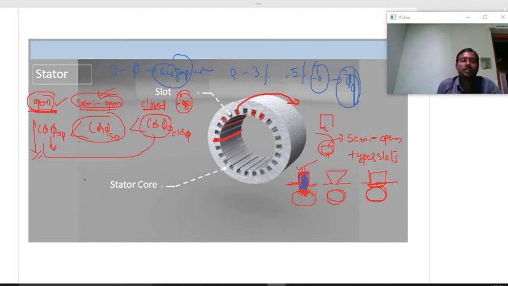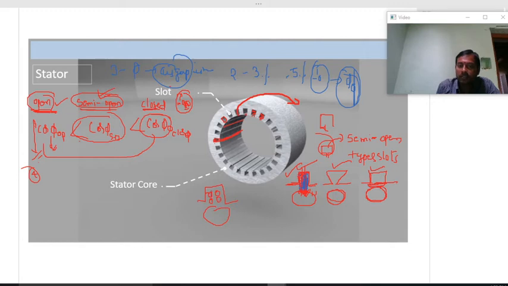Another major difference, the fourth one: this is the open type slot, this is semi open, this is closed. Look at this one here, the conductors are provided. I will draw another one. This is the open type slot, so conductors are provided between the slots.